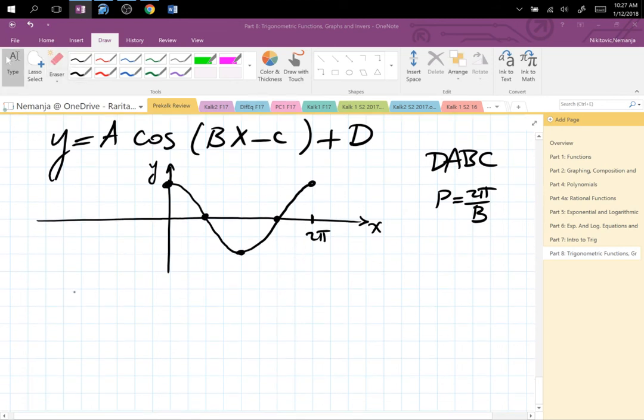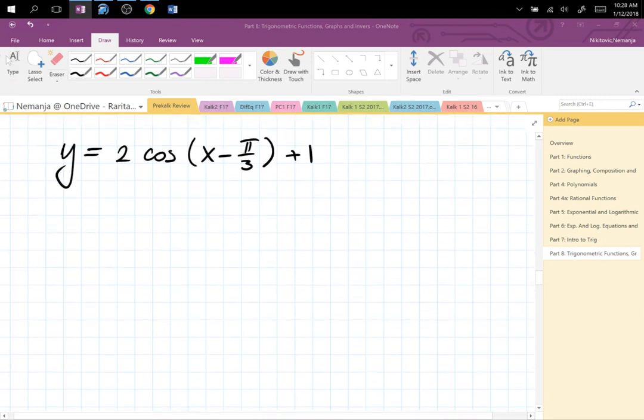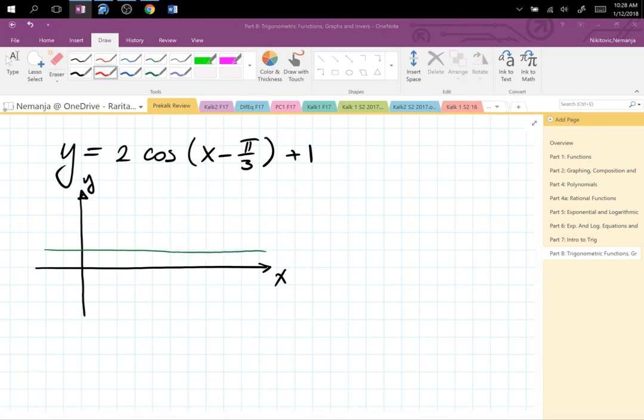So we'll do one quick example of, let's say, 2 cosine x minus pi over 3 plus 1, for instance. This is going to be very quick. So I have plus 1 and 2, so we're going to go higher. It's my x, it's my y, my green line, so new one is +1. There it is. My red values are 2 up and 2 down, so this is my 2 up and this is my 2 down.